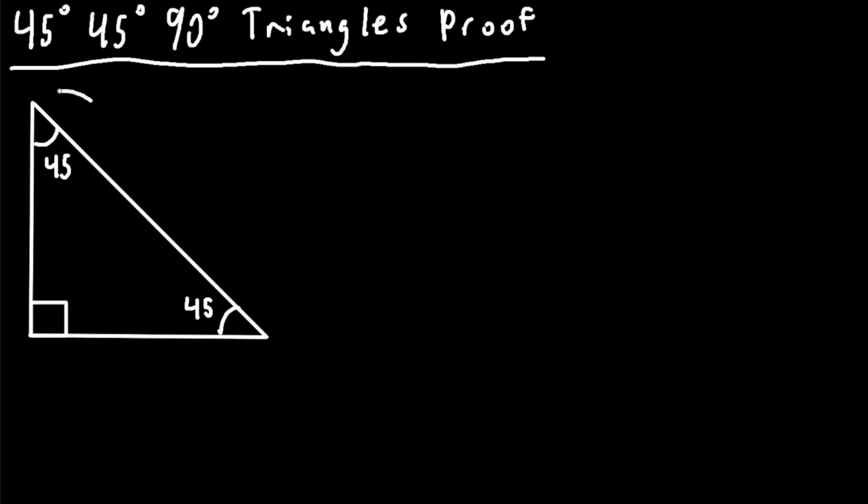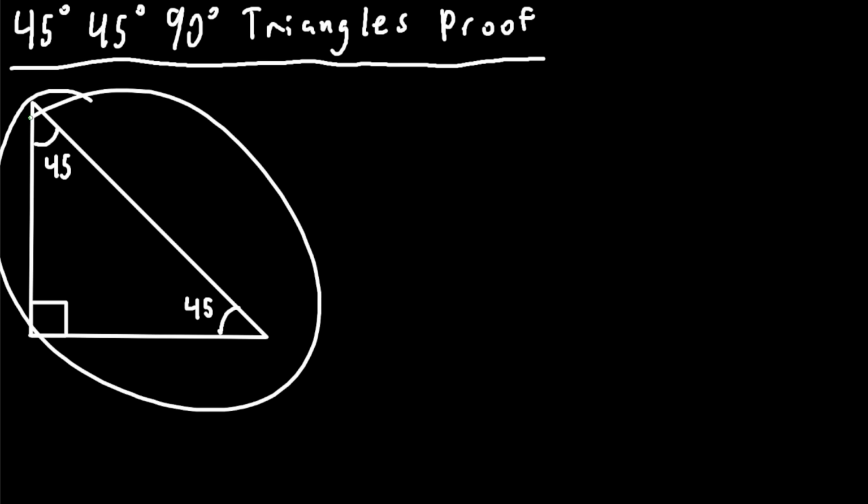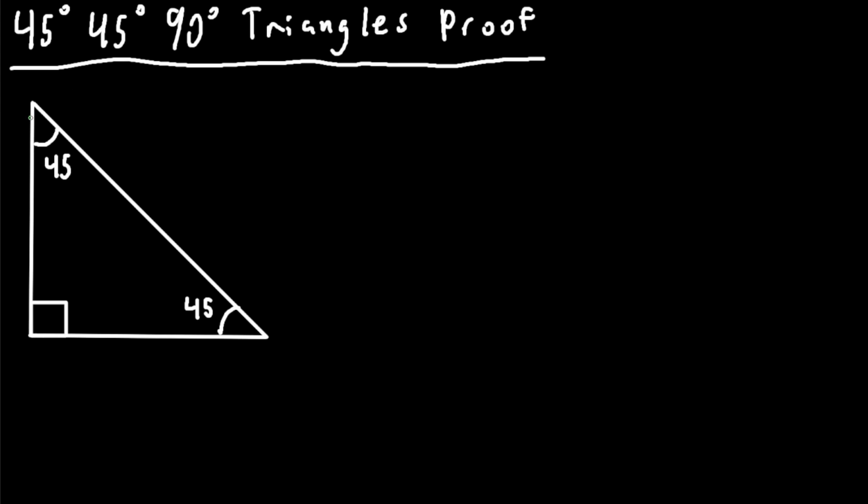So I have my 45, 45, 90 triangle here. And since this is a right angle, we can use the Pythagorean theorem. So we know that these two sides are going to be equal to each other. So if I say this is x, and I say this is x, these need to be the same because it's a 45, 45, 90 triangle.